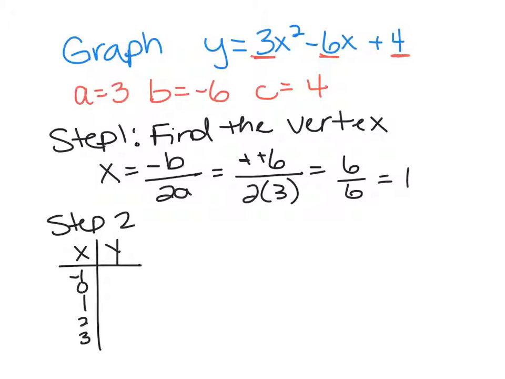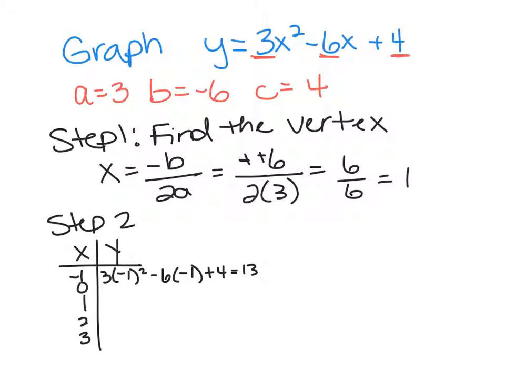So now we're going to take each one of these x values and we're going to plug them into the original equation. So when I plug in negative 1, this is going to be 3 times negative 1 squared minus 6 times negative 1 plus 4. So you just plug that number in and you basically calculate. So 3 plus 6 is 9 plus 4 is 13.